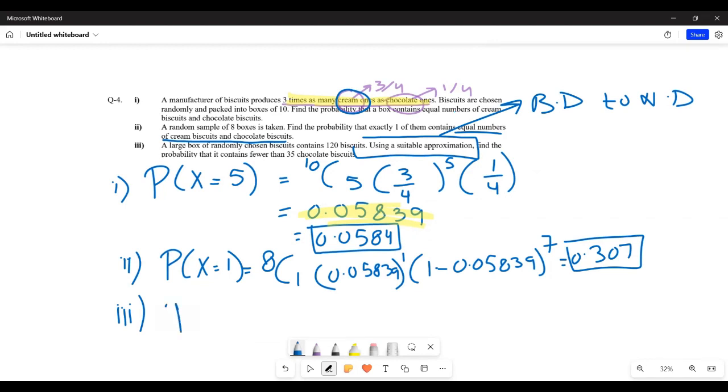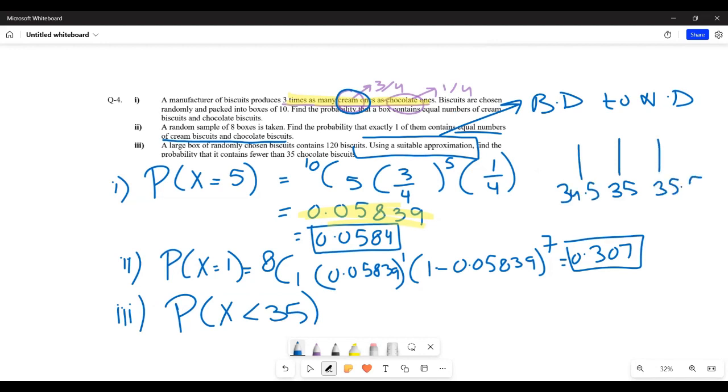So it's probability X is less than 35, but in upper and lower bound, 35 is here, 34.5 is here, and 35.5 is here. So it says less than 35, that means it's 34.5. But if it were less than or equal to 35, then we would have taken 35.5.